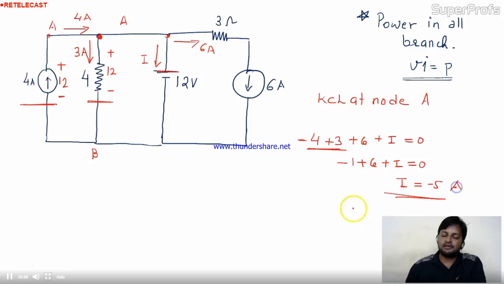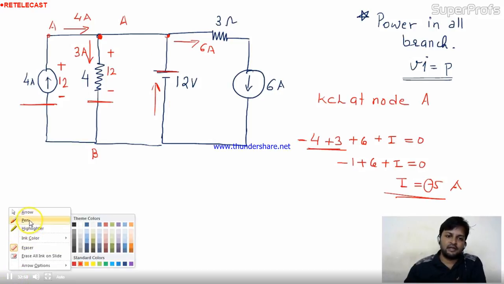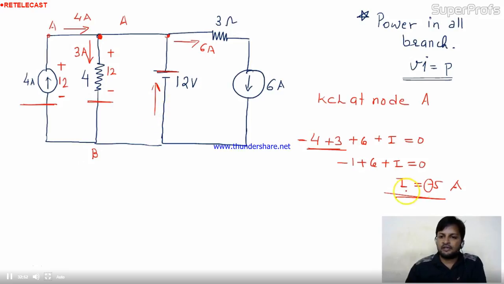Minus 5 ampere. Minus means I have to change the direction. Okay, this direction is wrong. The actual direction is from this side. This minus indicates that. So I'll remove the previous one, because this is not the original direction. The original direction is here. Is it okay? So the value of this current I found is 5.